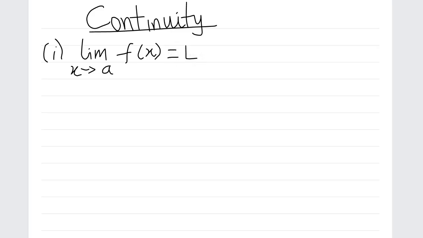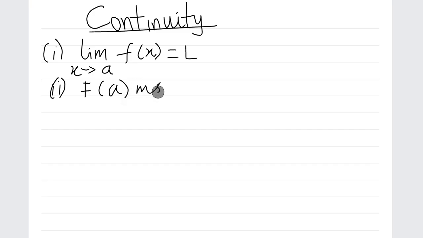So that means the limit of that function must exist. Number two, f of a must be defined, or you can say f of a must exist.